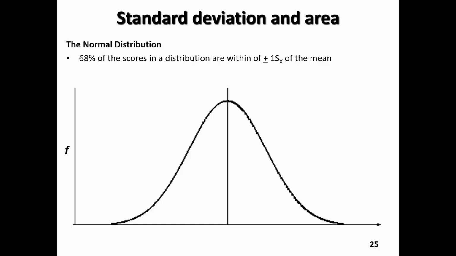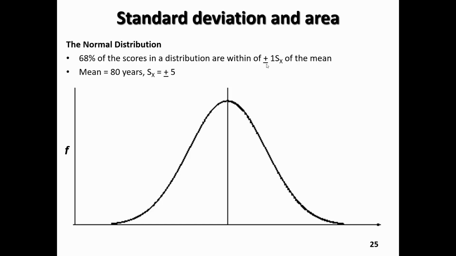By definition, the standard deviation accounts for approximately 68% of all the scores within a sample or a population that can be fit to this normal distribution. Approximately 68% of those scores are described as residing within plus or minus one standard deviation above and below the average.